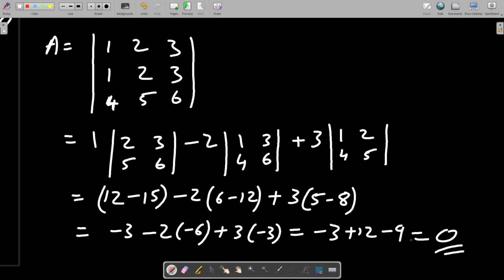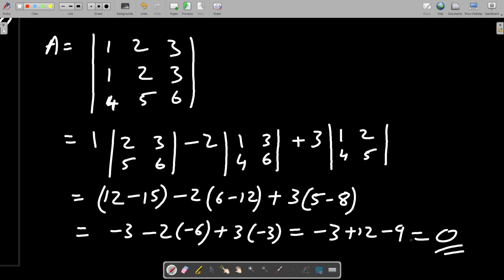The first property was very obvious. If you keep all entries of one row 0, then you get a determinant as 0. Anyways, for exams, if I give you all such kind of problems, you can directly write the answer that this determinant will be 0 because the first row and second row are equal, or in the other case the determinant was 0 where the third row was the sum of the first two rows, and so on, right?